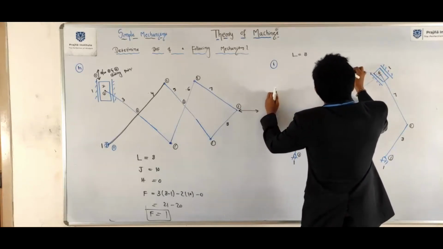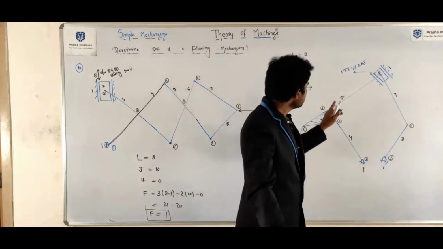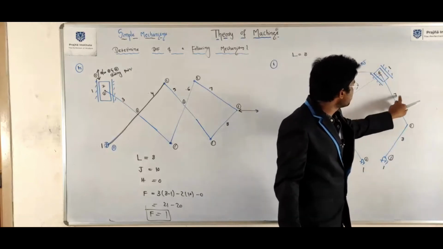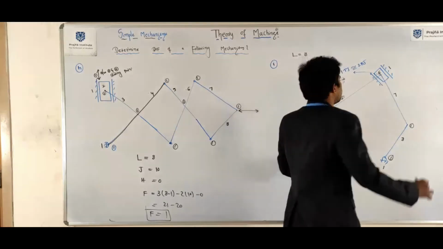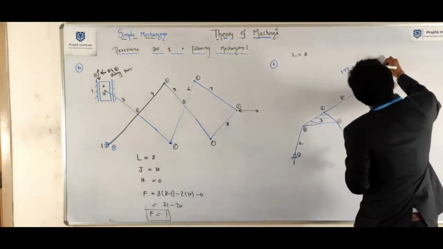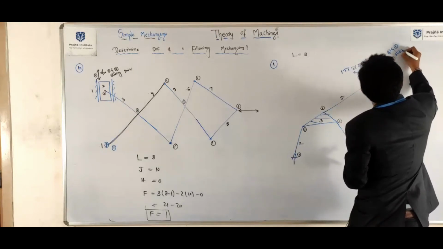That means one ternary joint is equivalent to two binary joints. Correct? Fifth link, sixth link, and seventh link meeting here. That means ternary joint between 6 and 1, sliding pair.